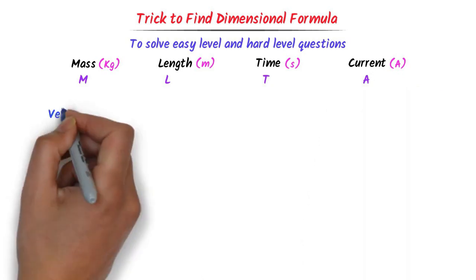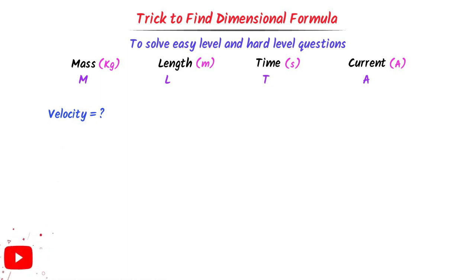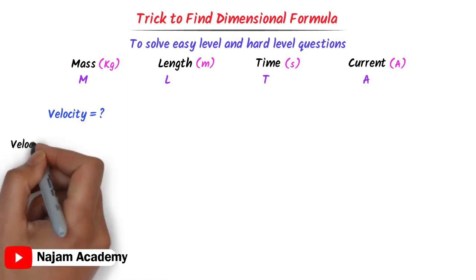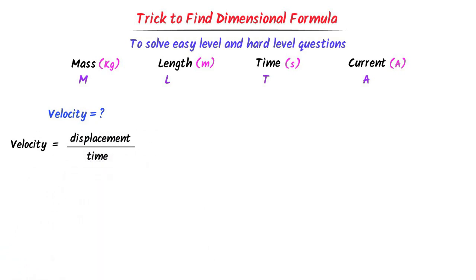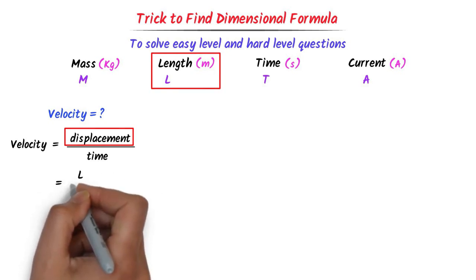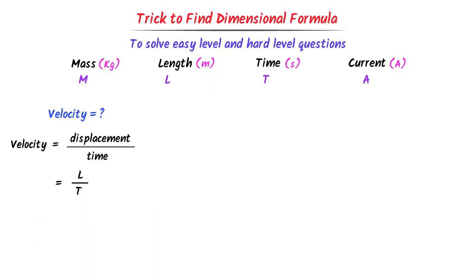Find the dimensional formula of velocity. Well, we know that velocity is equal to displacement upon time. We know that displacement or length is the same thing. The dimensional symbol of length is L and that of time is T. Now I shift T from the denominator to numerator.